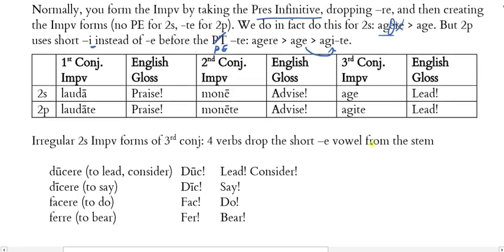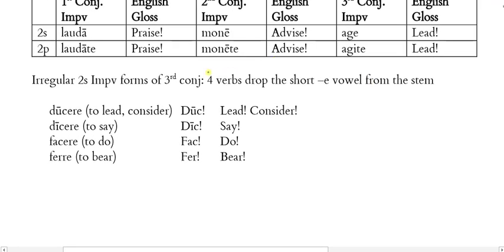All right, last but not least, there are some irregular second singular imperative forms for some third conjugation verbs. Four of them in particular are mentioned in our chapter that drop the short e vowel from the stem.